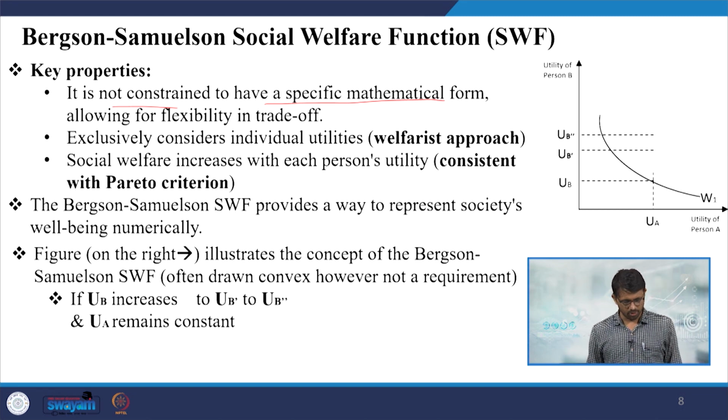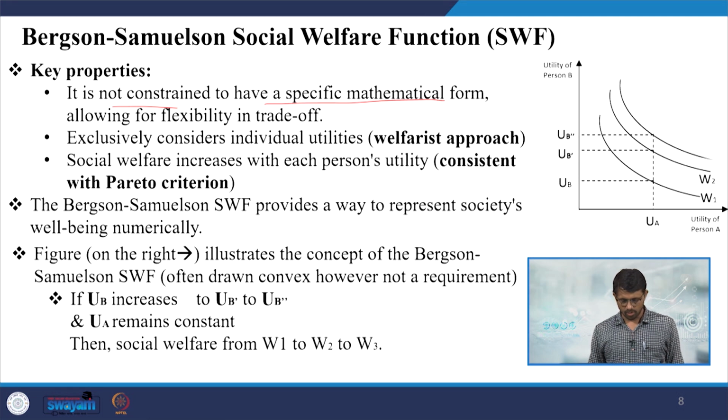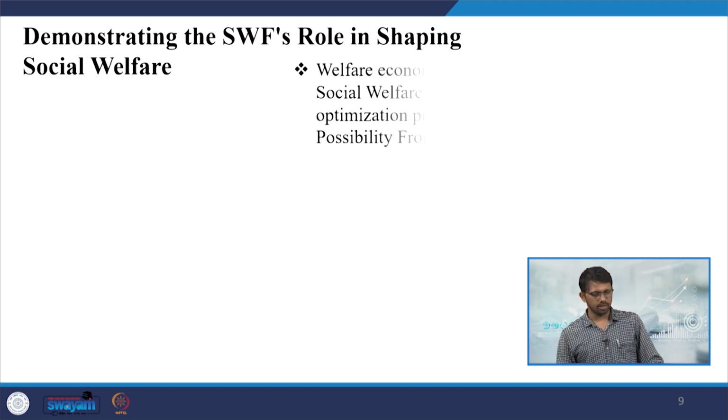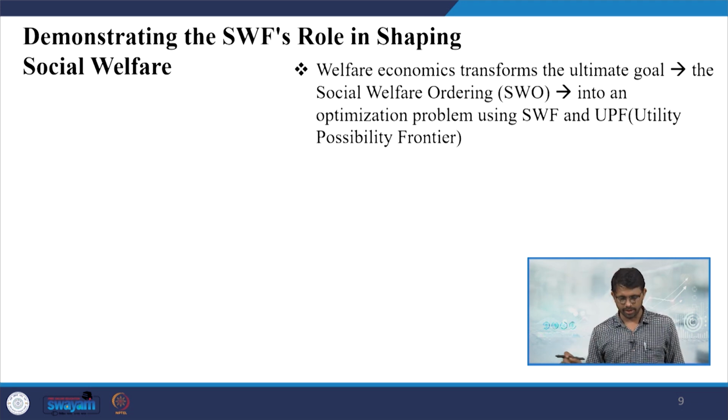If UB increases to UB prime and UB double prime, and UA remains constant, then the social welfare function shifts to the next level, W1 to W2 and W3 respectively. So, you can check the changes, there are some shifts. Now, we are discussing its further details.